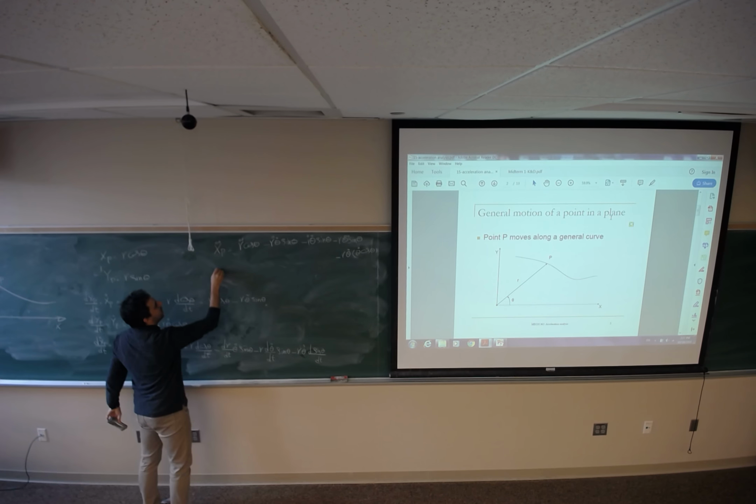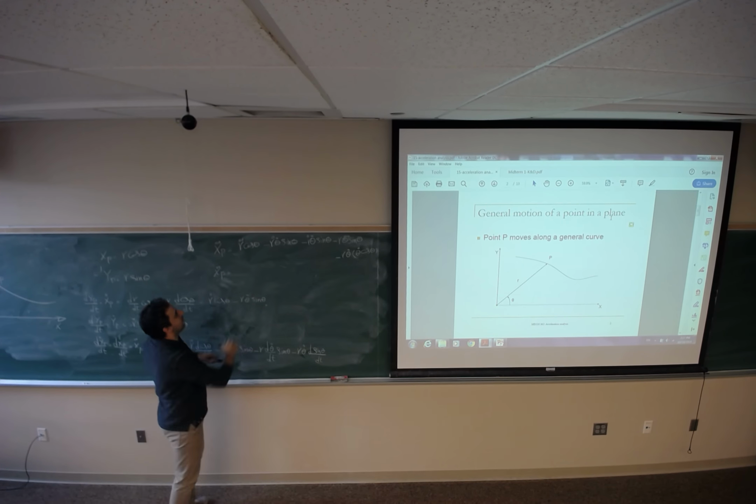If I rewrite this again, I'm going to have r double dot cosine of theta. These two are the same, r dot theta dot sine of theta, r dot theta dot sine of theta.